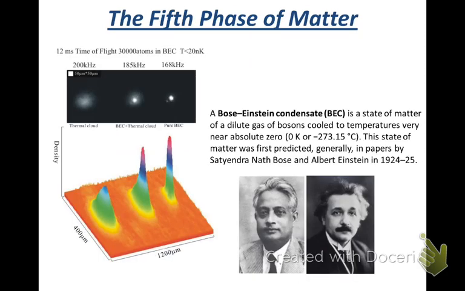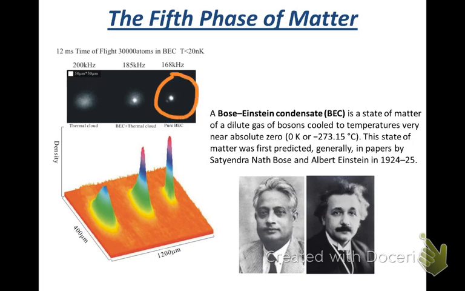Now we did have a video that I showed. Not all of you saw it. For instance, I know 4th period didn't see it, but some of the other periods did, and some of you didn't see all of it. But in that video, the NOVA video on absolute zero, there was the discussion of the fifth phase of matter, which is a Bose-Einstein condensate, or a BEC. To the left here is a picture showing the Bose-Einstein condensate.